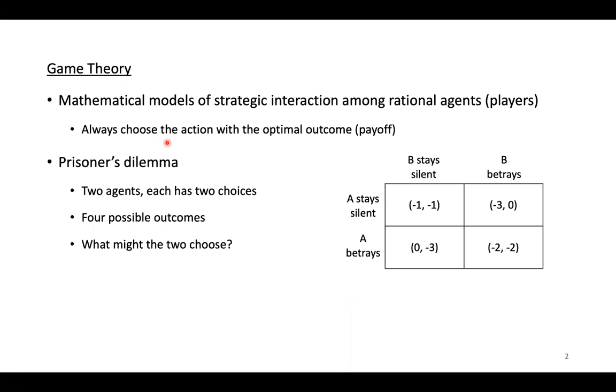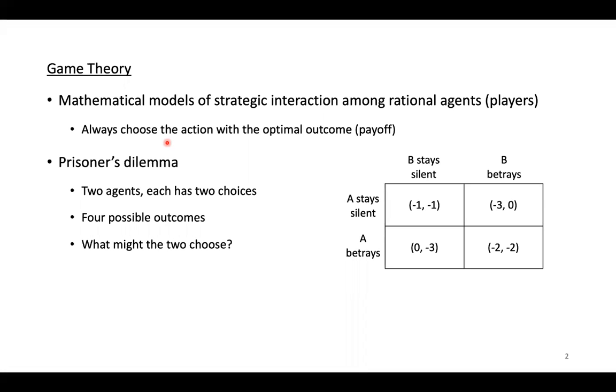Consider the situation where the cops caught two robbers, or essentially two culprits, and they are put in two different rooms, and there is no information transfer between the rooms, and both are being interrogated.